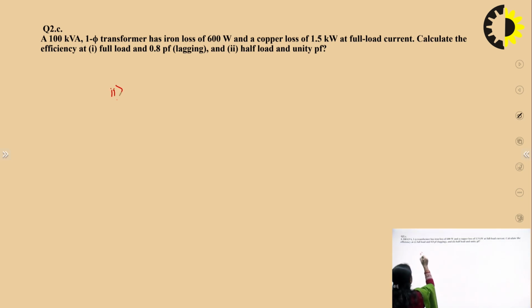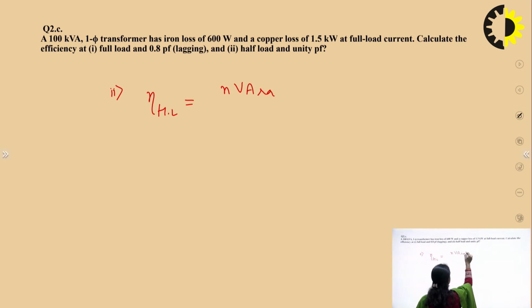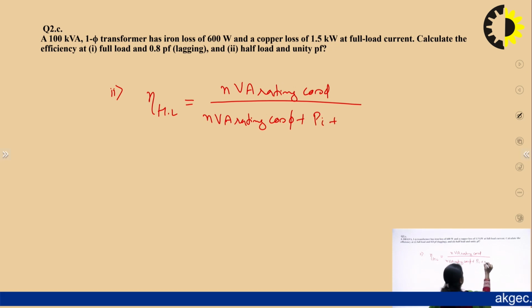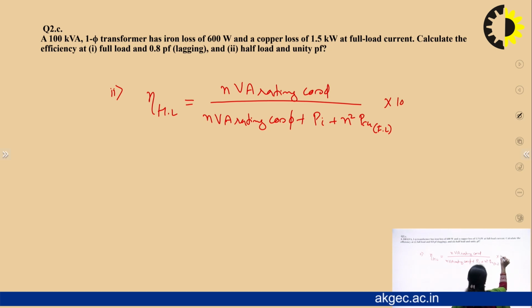So the second part, you have to find efficiency at half load, and this will be equal to n VA rating cos phi divided by n VA rating cos phi plus iron loss plus n square copper loss, this is the full load copper loss, into 100, right?